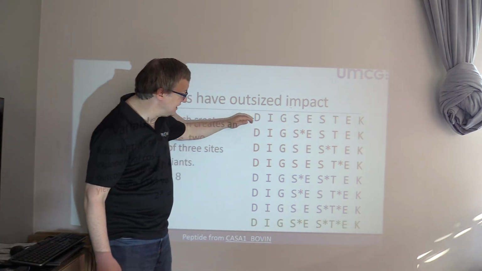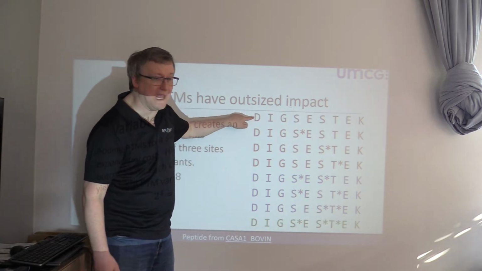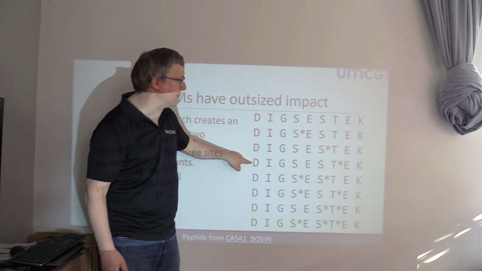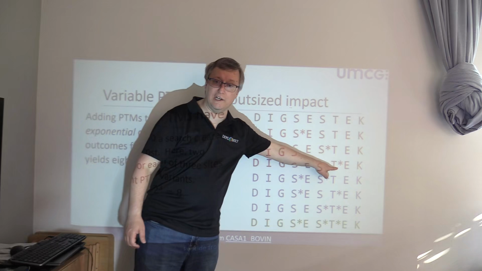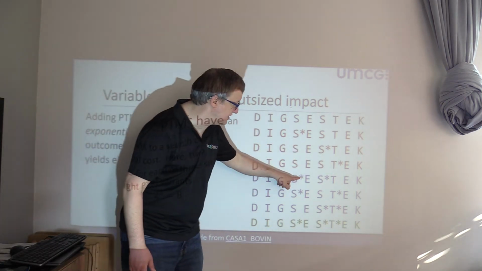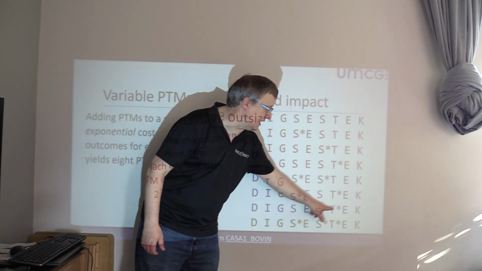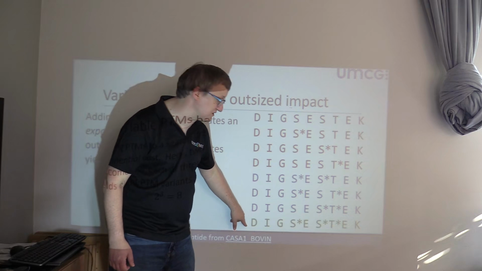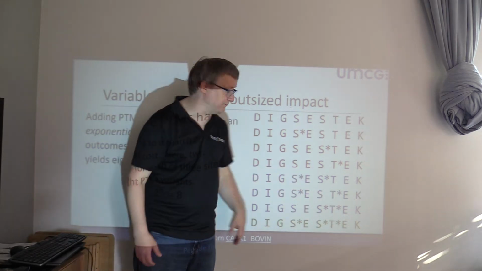You'll see that I've separated this into 4 different colors. Black is the base sequence. These 3 red ones all represent single phosphorylation variants of this peptide. The blues represent double phosphorylation of this peptide. And finally at the bottom we have one that represents all sites modified.